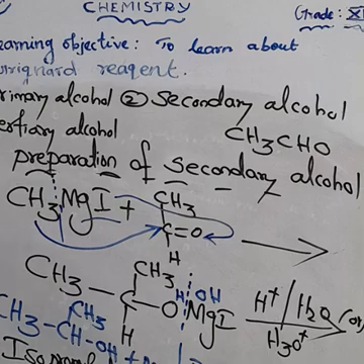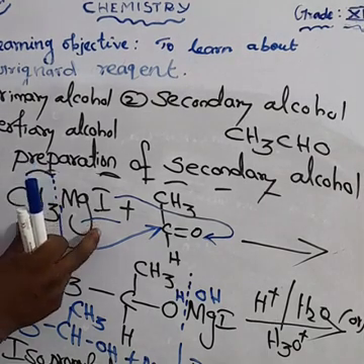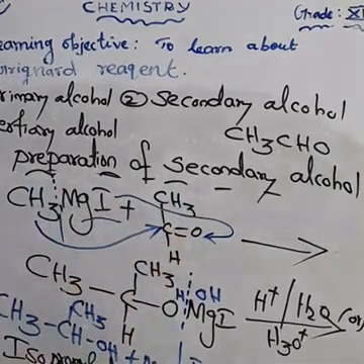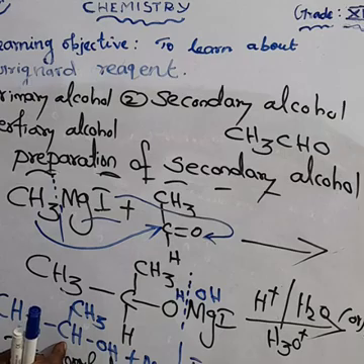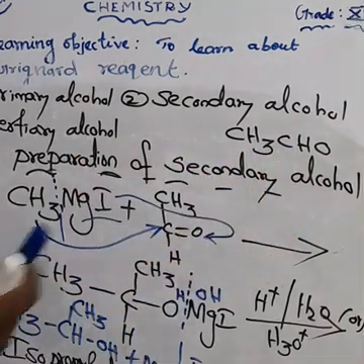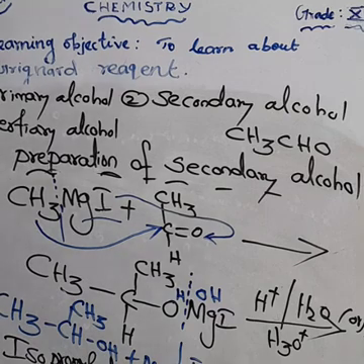By means of methyl magnesium iodide, that is called a Grignard reagent. Grignard reagent reacts with acetaldehyde. Our product is isopropyl alcohol. That is called what? Secondary alcohol. What about the primary alcohol? Grignard reagent reacts with formaldehyde.